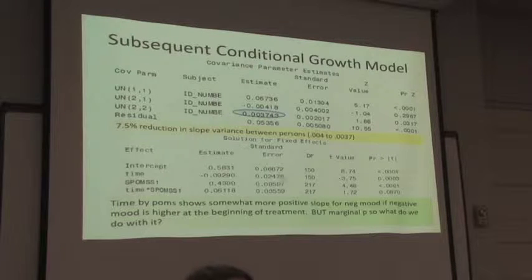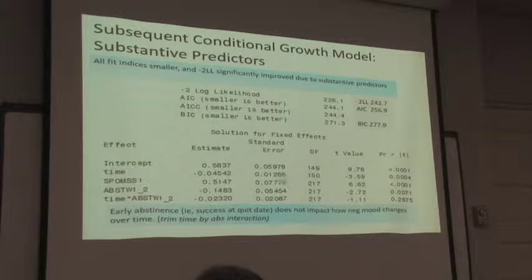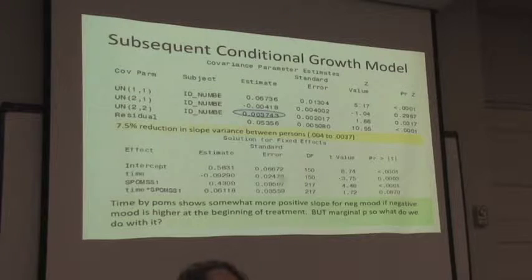You look at the fit statistics? Where are the fit statistics? Oh, I guess I didn't. I guess I just threw it out. But yeah, I must have the fit statistics for this. But yeah. So in this case, or I didn't throw it out personally, but in this case, it got dropped due to being non-significant.